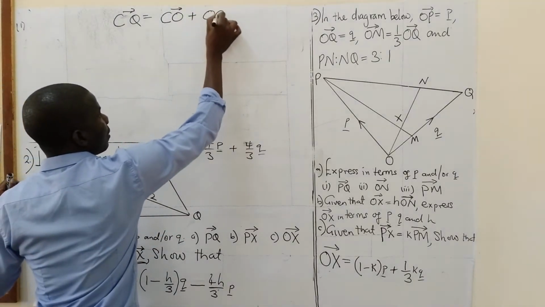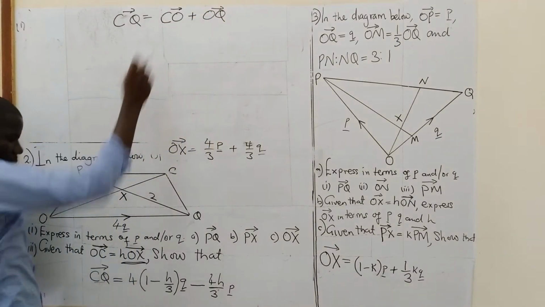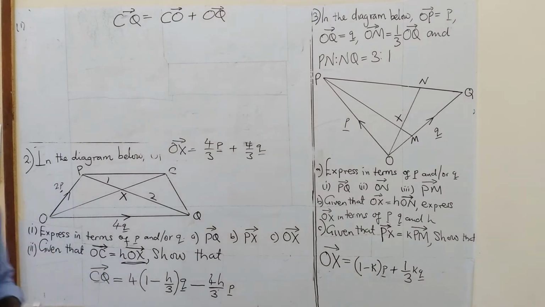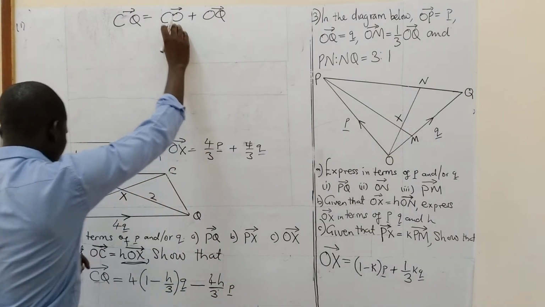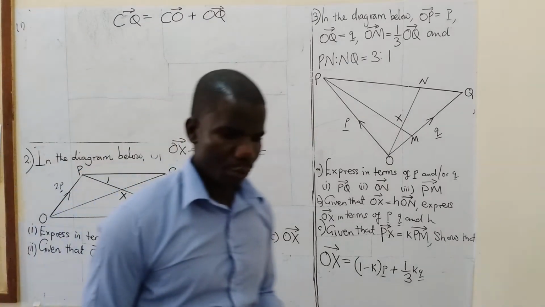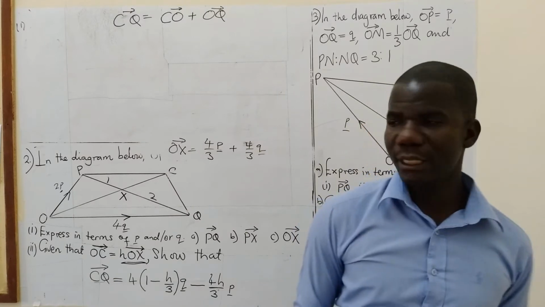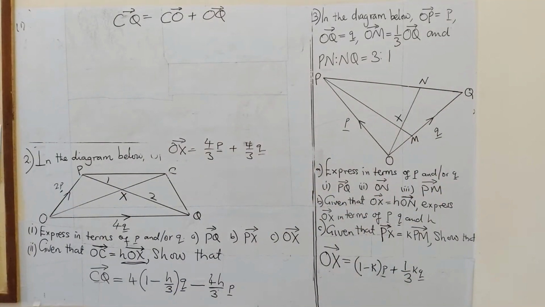Take note that we have been given OC here, and we know the relationship. When one is positive, the other one is negative. That is what we are supposed to do.